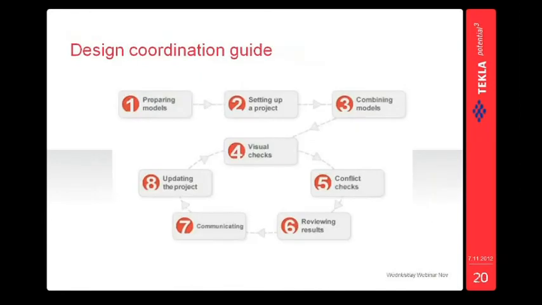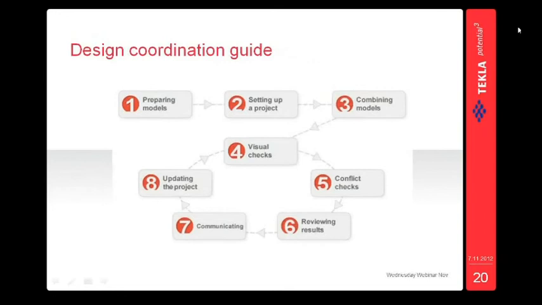And then just shortly about the design coordination guide. It basically gives recommendations on how to perform the spatial design coordination process using Tekla BIM Sight. The guide is available on our website at teklabimsight.com, and it explains in a more detailed way the design coordination process workflow that we've presented today.